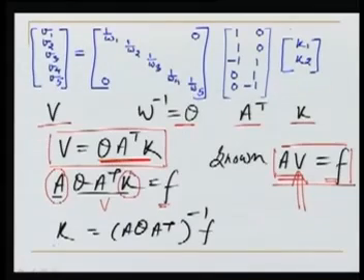To find K, we take A theta A transpose to the right hand side. So we find K is A theta A transpose inverse F.